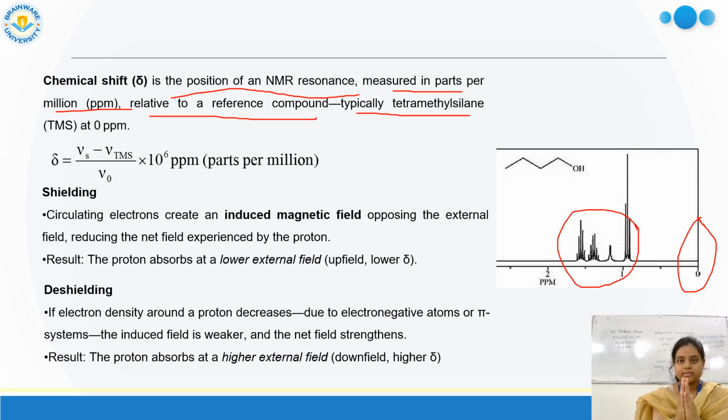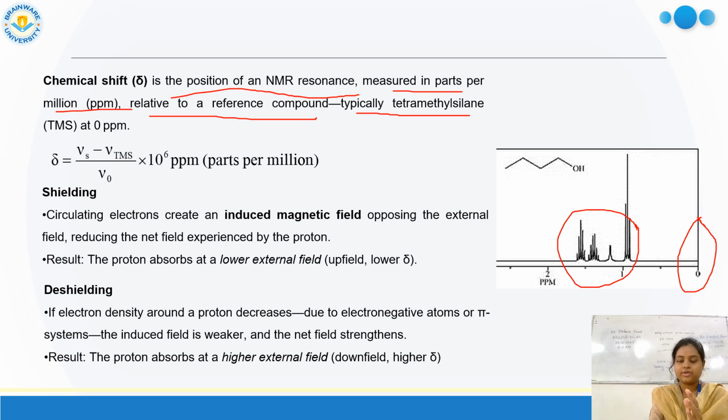Now, in a compound, if the neighboring group of the protons is extracting the electron cloud, the bonding electrons, attracting them towards itself, that means the nucleus experiences more external magnetic field. In the opposite case, the neighboring group gives extra electrons to that nucleus, through a plus I effect or a plus R effect.